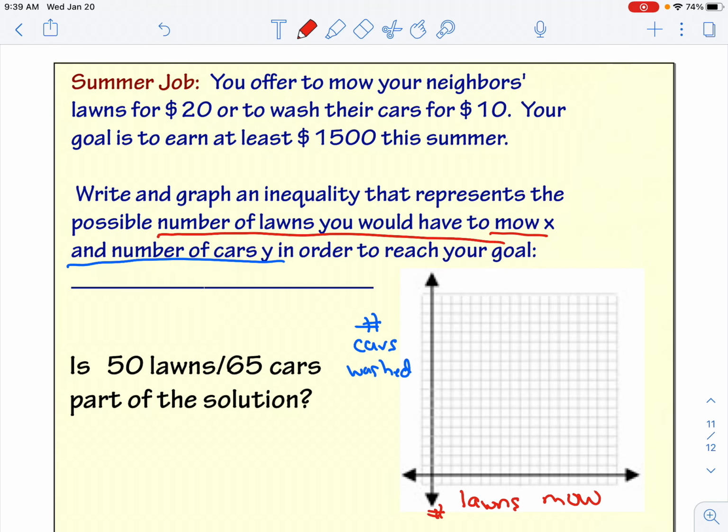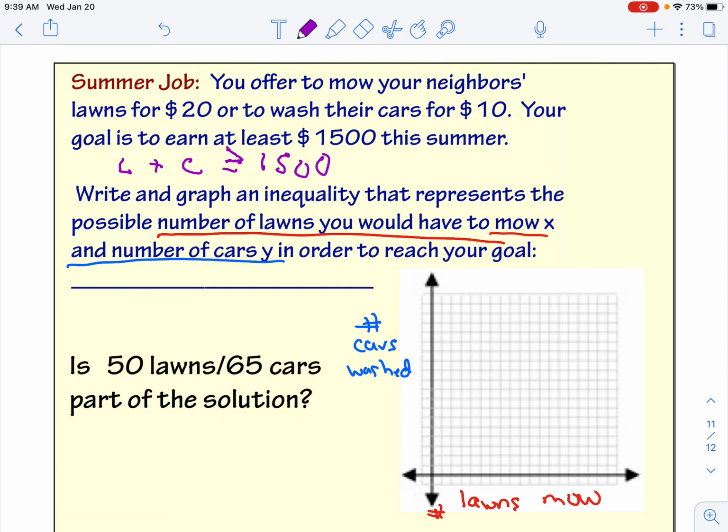So, can we write an equation? Well, I'm just going to write this in general just so you can get the hang of it. We know that the number of lawns mowed plus the number of cars washed has to be at least $1,500. So it could equal $1,500, but it'd be fine if you earned more. So it has to be greater than or equal to $1,500. So that's where I'm starting.